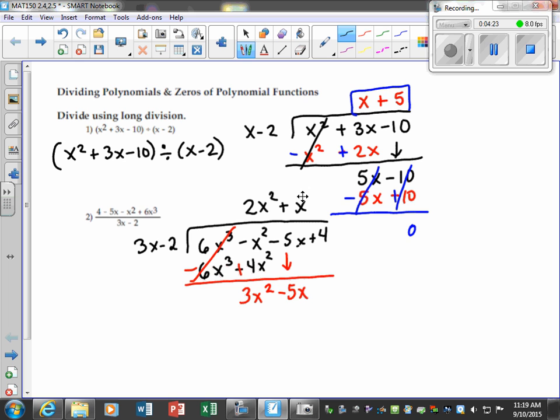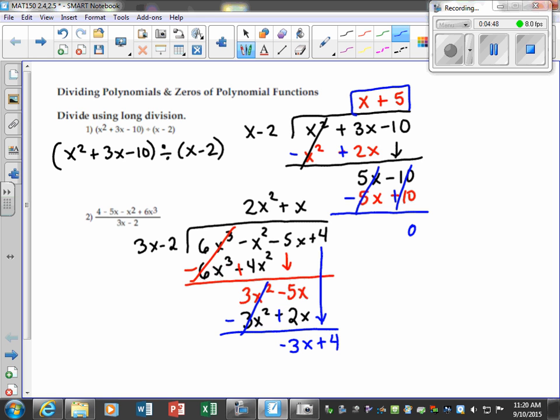Now let's multiply it back. X times 3x is 3x squared. X times negative 2 is negative 2x, and then we subtract, which means to change those signs. And we're left with negative 3x. What do we do next? Drop the 4, good.